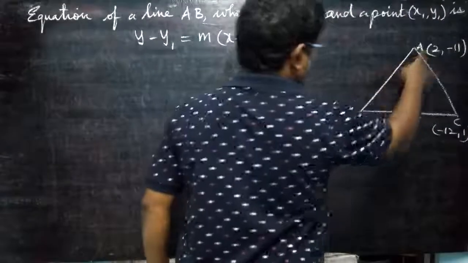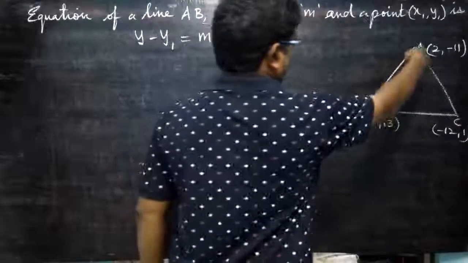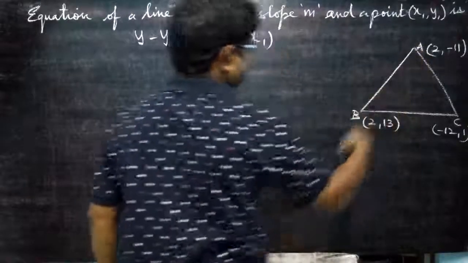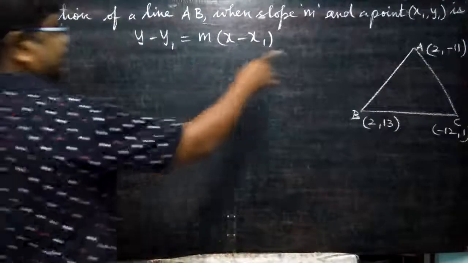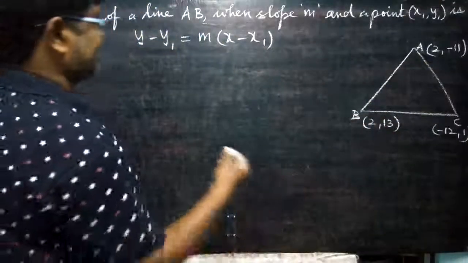Either A you can think as the point or B, any one. We are going to find the equation of AB. Now I am thinking A as x1, y1. If you want B also you can think, no problem, same answer comes.